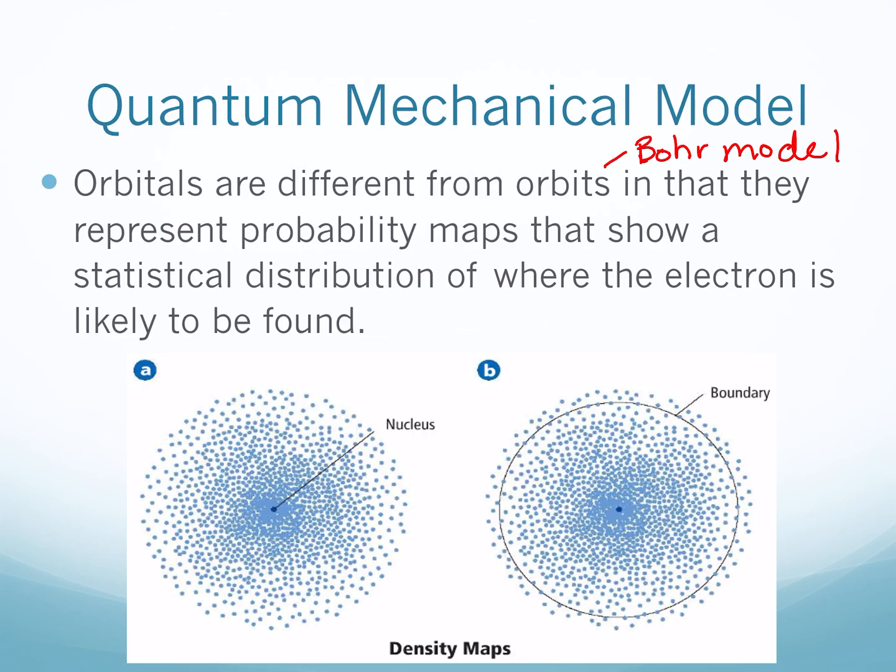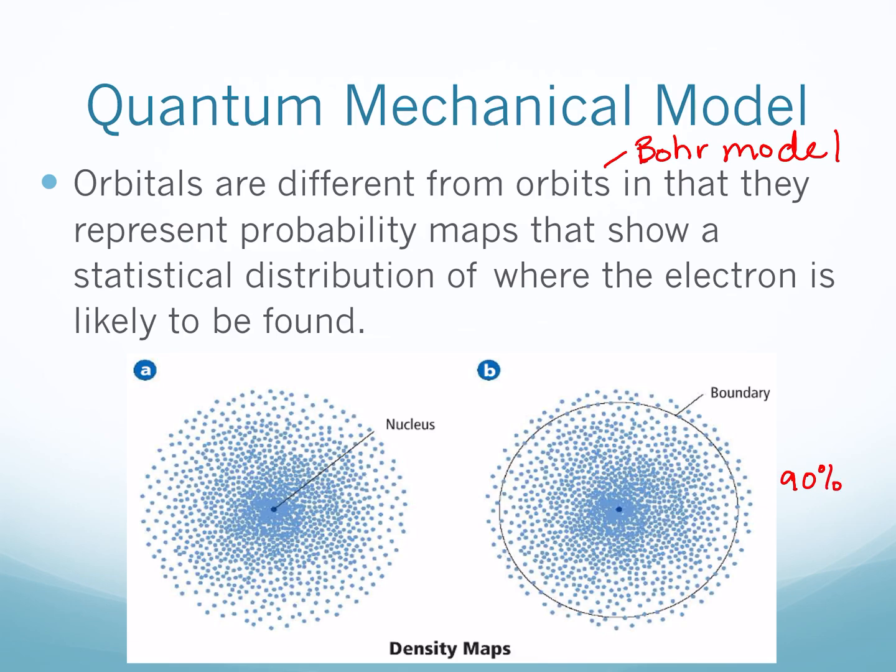The reason that orbitals are different is they represent probability maps that show a statistical distribution of where the electron is likely to be found. So here on the right, that shows all the different places the electron could be or is most likely to be. So what they do is they take a circle. This is an s orbital. They say, within this circle here, we are 90% sure that the electron will be somewhere in there.